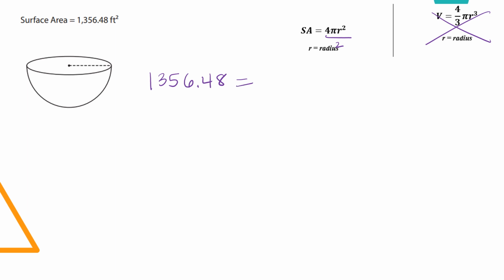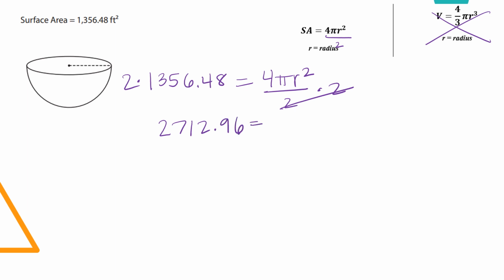So then I have 4 pi r squared, over 2. I'm going to multiply both sides by 2 first to get rid of that fraction. 2 times 1,356.48 is 2,712.96 equals 4 pi r squared. You would divide both sides by 4.